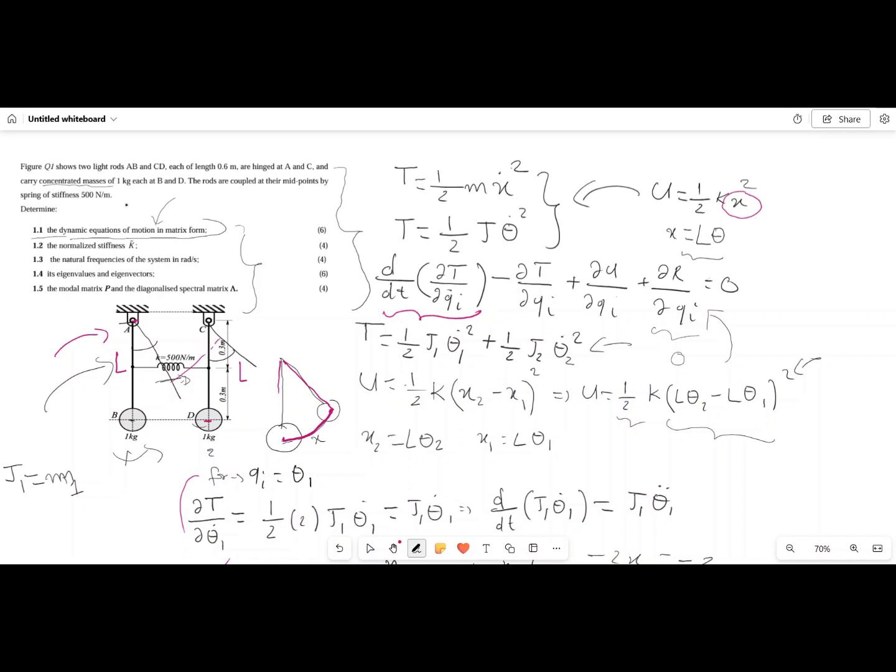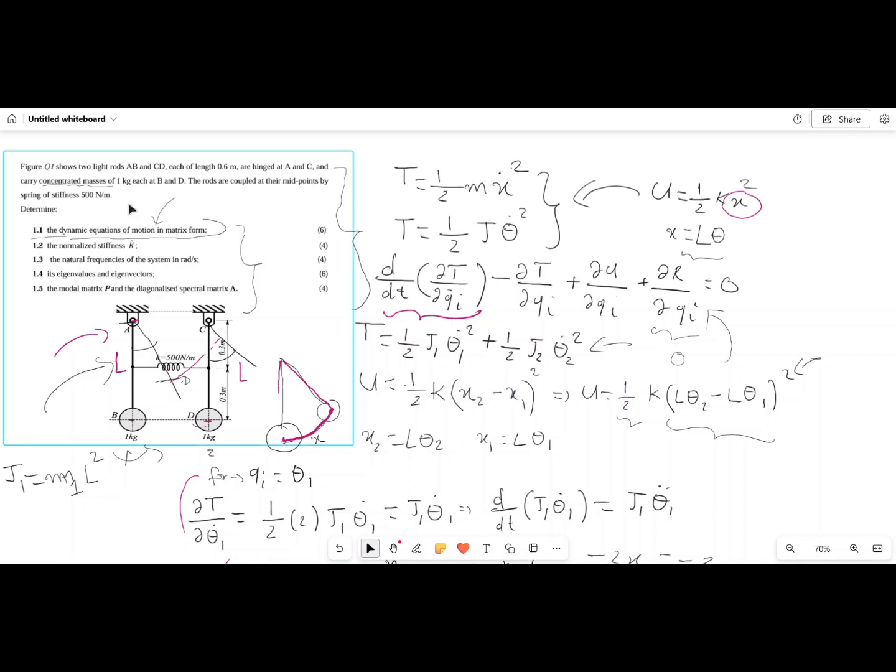In this case, it will be M1L square. That is just for when you want to substitute values, because we will need them to solve the rest of the question. I just remembered it now, that's why I wanted to recall it. Let's say, guys, these objects here were not concentrated masses. What will happen here?